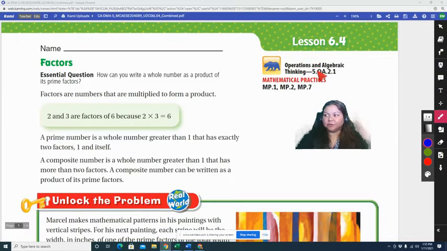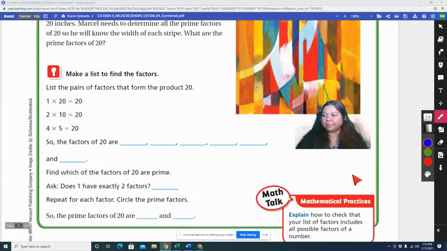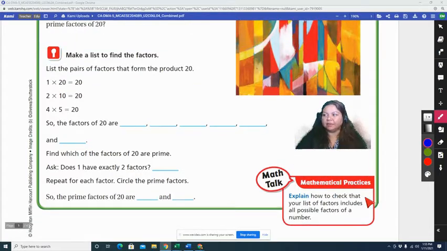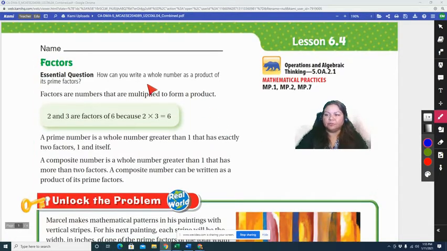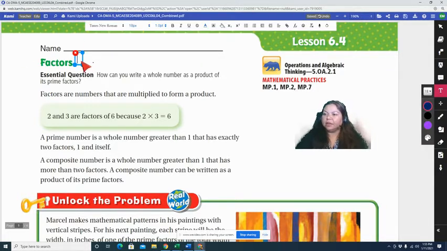So for lesson 6.4, we will be looking at page number 265. We are on lesson 6.4 and we're looking at factors. So to begin with, remember we always write our objective up here. I will also provide that in the slide.